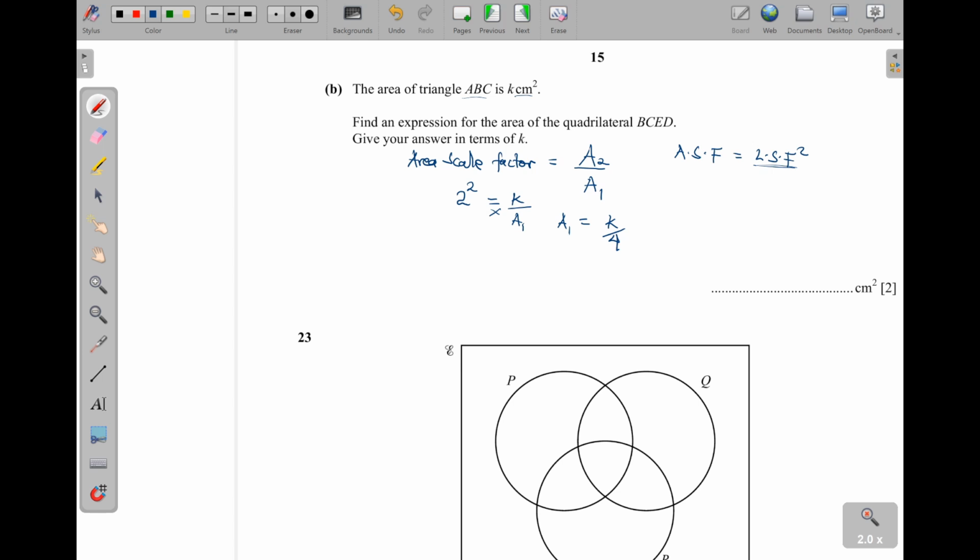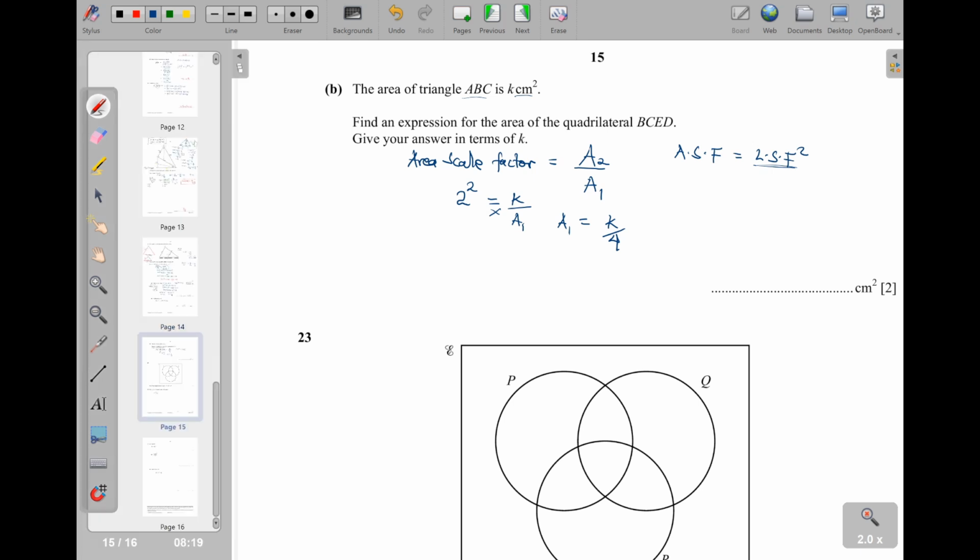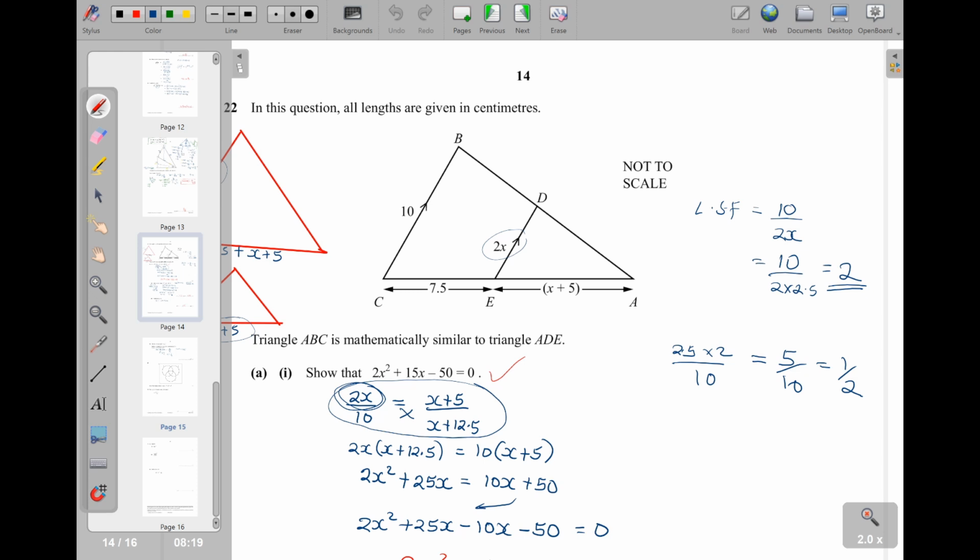That means area of the quadrilateral BCD, when you check here, area of BCED, it will be area of this big one minus area of the smaller one. So the area of the big one is K, then minus this one we have gotten.